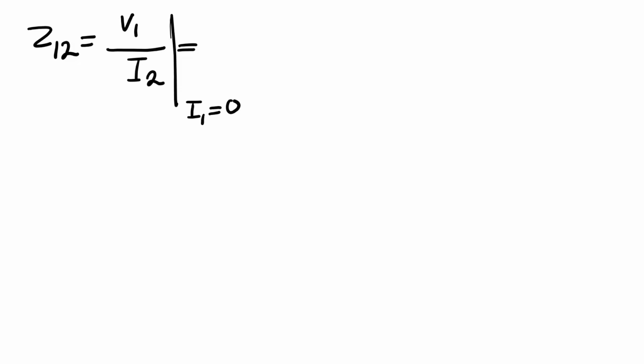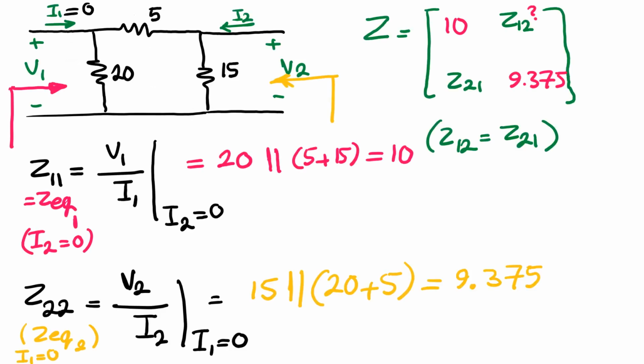Okay, so let's go back to the circuit. This time I'm assuming that I1 is equal to 0, so there is no current going here. And then I'm looking for the relationship between V1 and I2. So the voltage drop here, which is V1, and I2, which is entering from my output terminal.